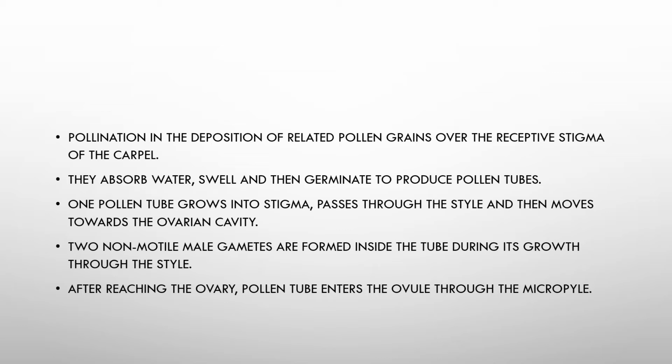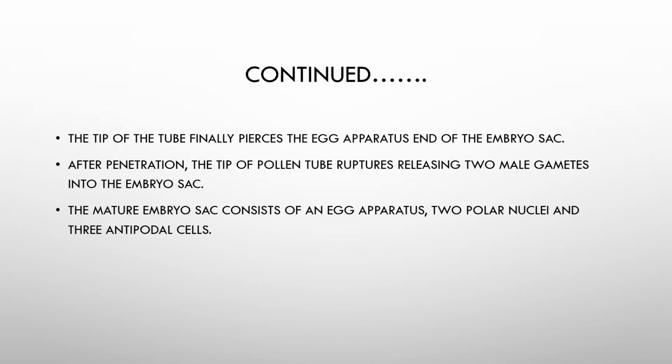When it reaches the ovary, the pollen tube enters the ovule through the micropyle. Then the tip of the tube enters the egg apparatus end of the embryo sac.